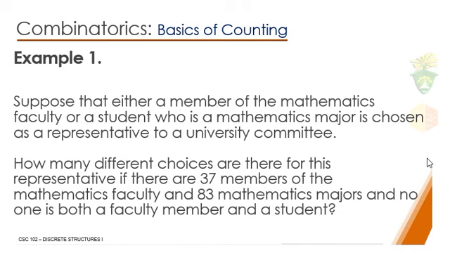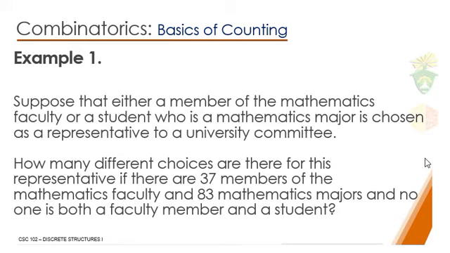So, 37 faculty and 83 math major students. How many different choices are there to create the committee?